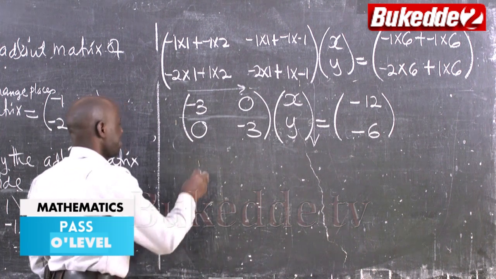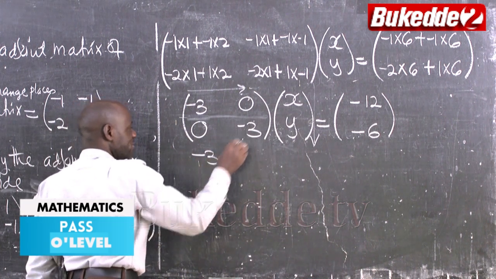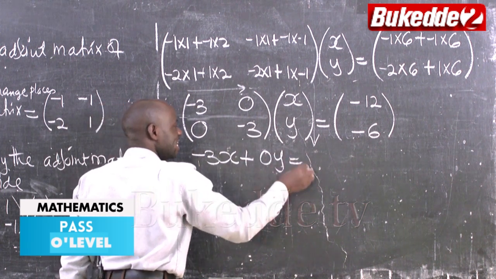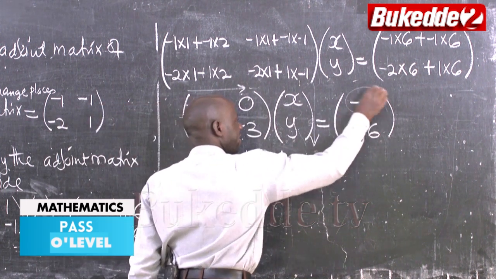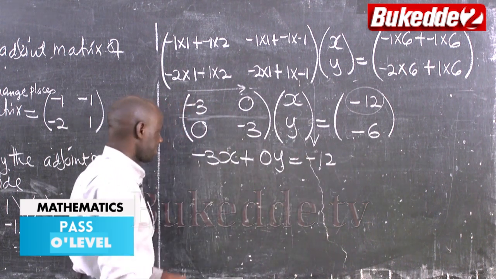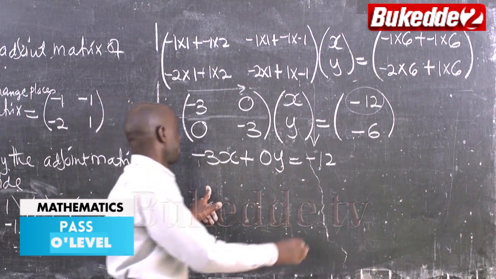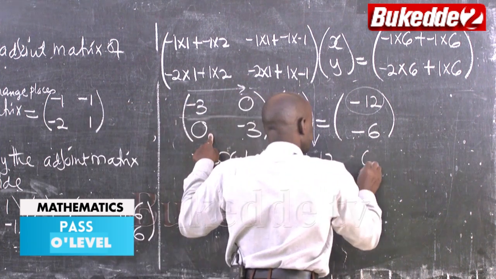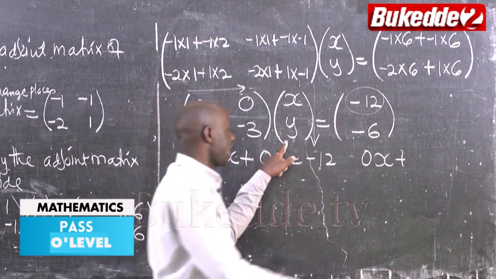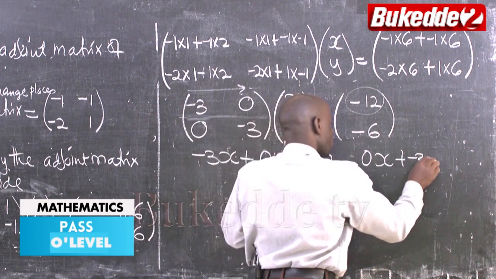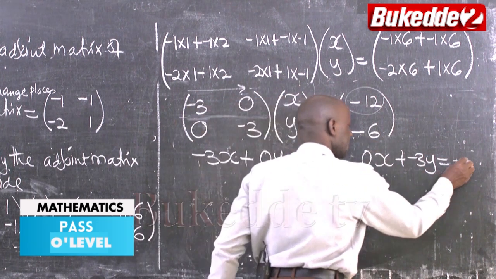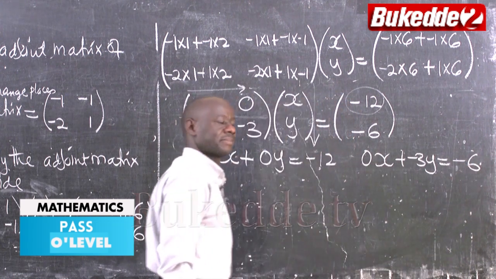So we are going to have here negative 3 times x plus 0 times y to be equal to the first entry there, which is equal to negative 12. And then we are going to have here 0 times x plus negative 3 times y to give us negative 3y is equal to the second entry there, which is negative 6.